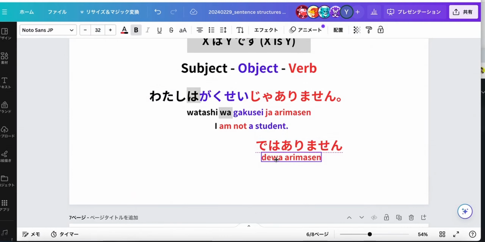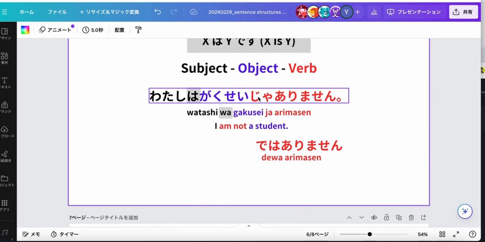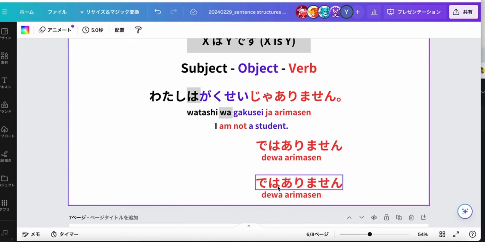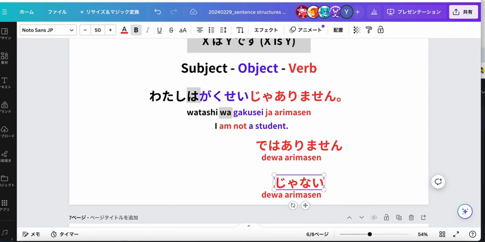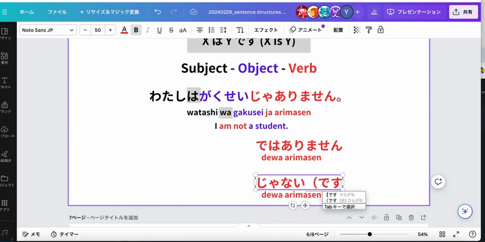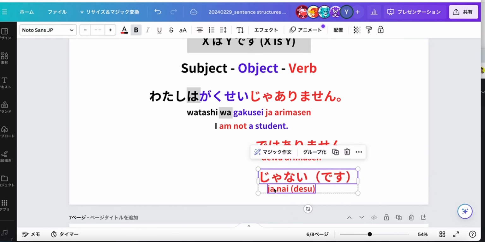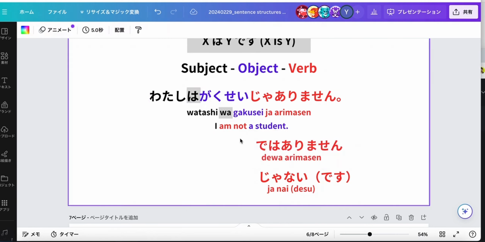But I think じゃありません is slightly less polite than ではありません。Because ではありません is the most polite and じゃありません a little bit casual but still polite. And じゃないです。That's the casual one. じゃない or じゃないです。So yeah, you can use one of these words when you want to say I'm not or something is not.